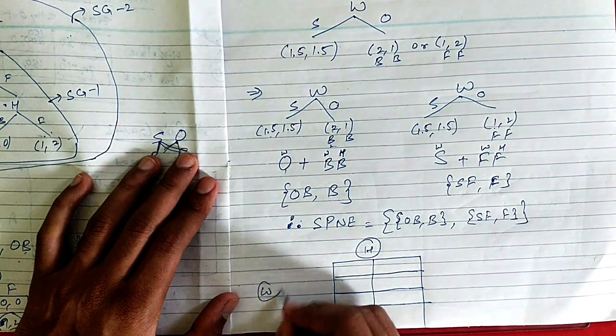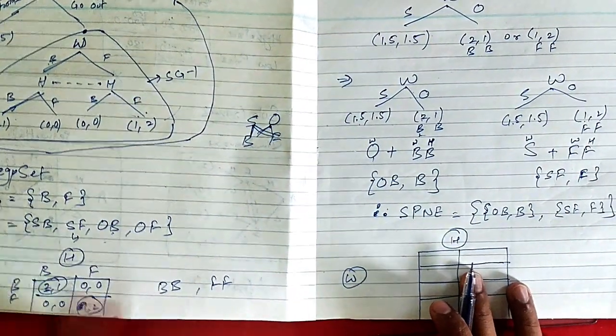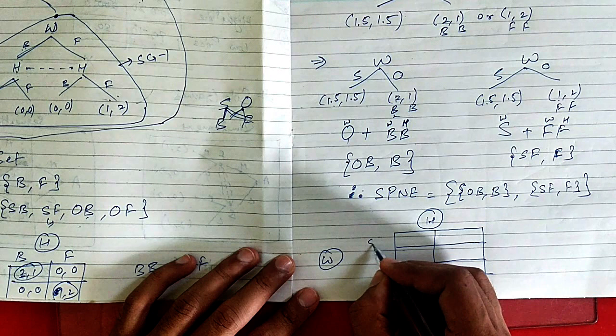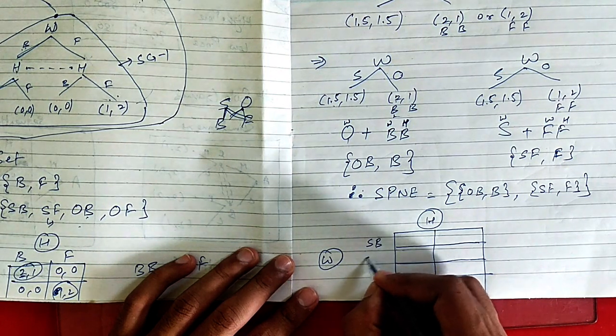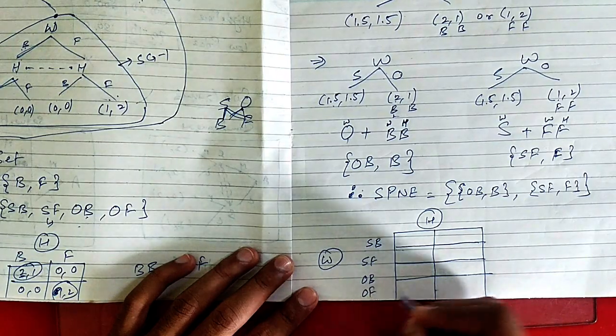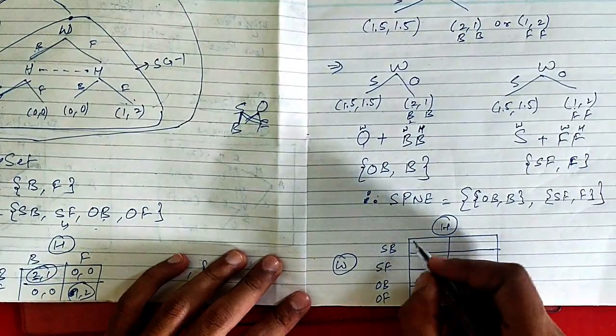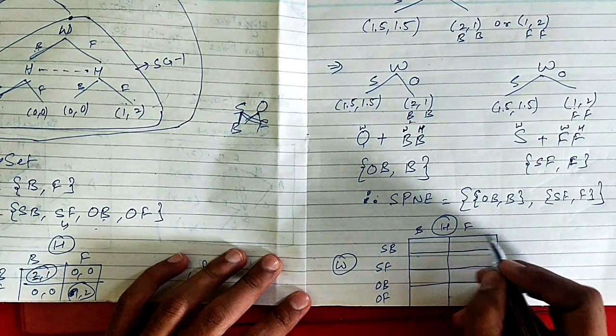I will take the wife here, and you will write all the strategy set of the wife over here: SP, SF, OB, OF. And for the husband: B and F.